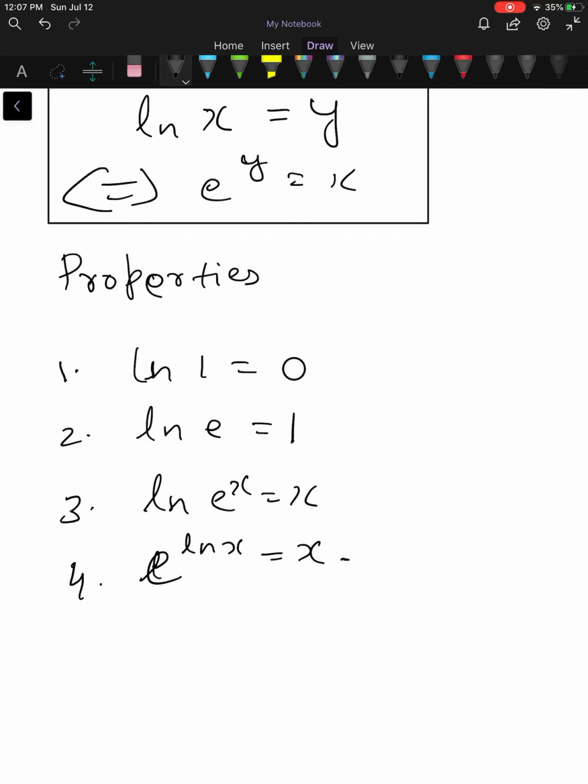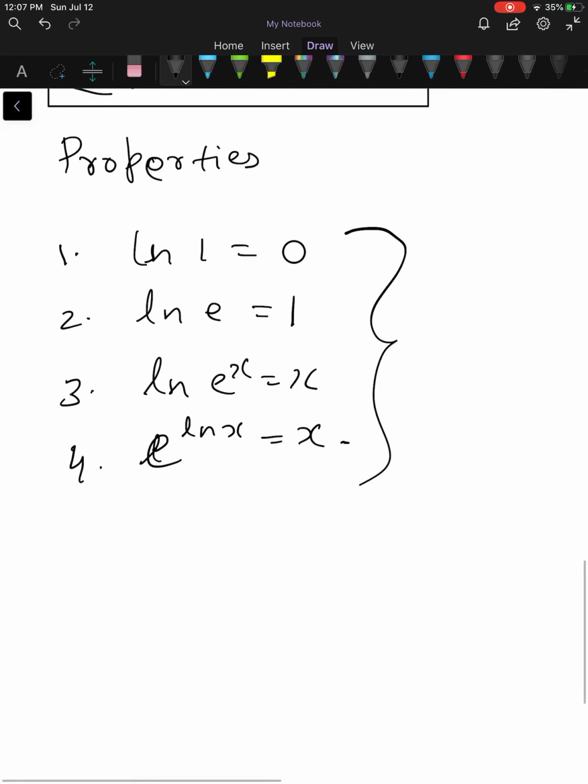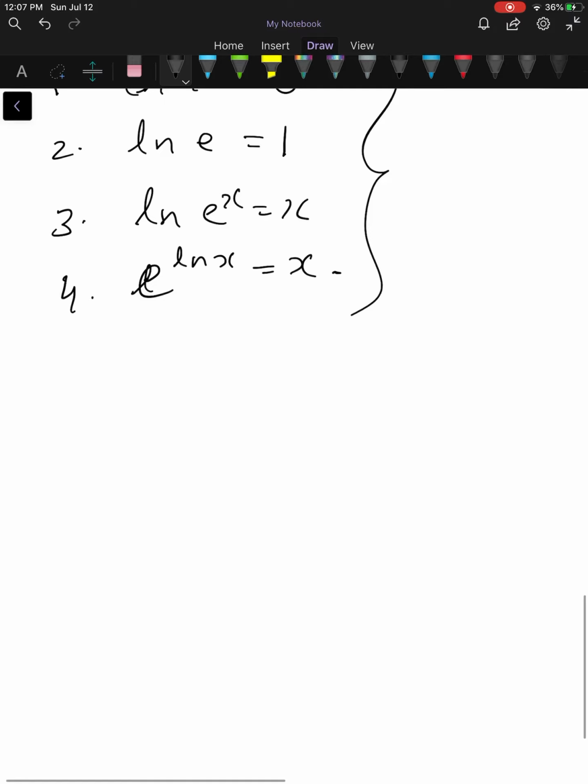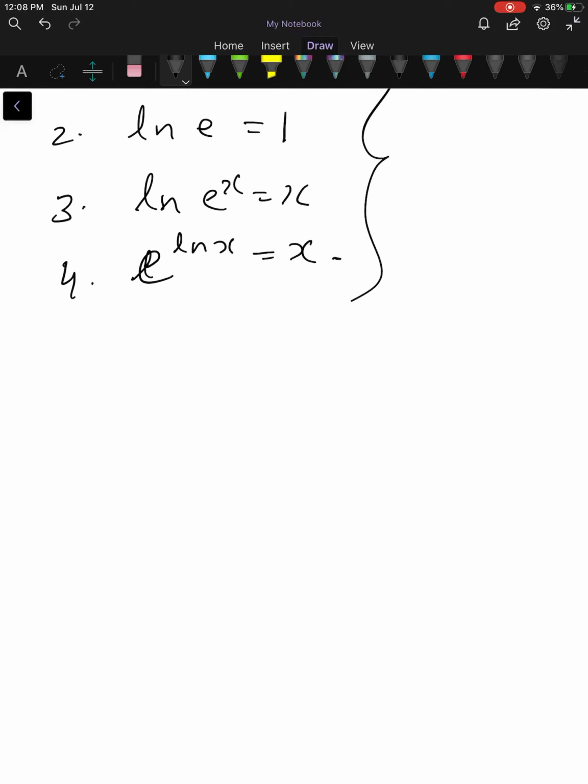These properties you can relate to the properties that we defined in the section 4.3 part 1 video. These are similar, but the only thing is we have considered the natural log function here. Let us evaluate certain natural logarithmic functions. For example, evaluate ln of 1 over e square.